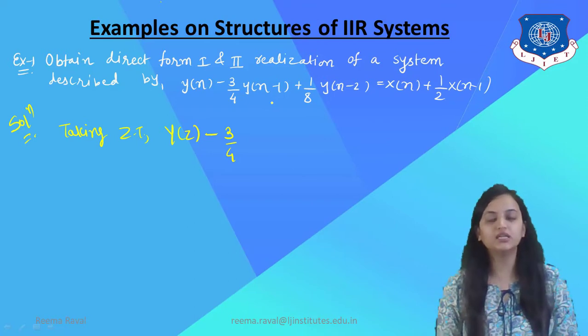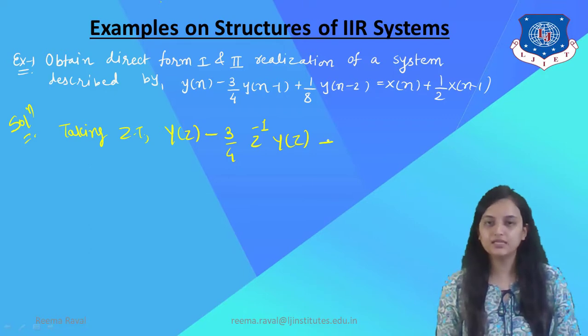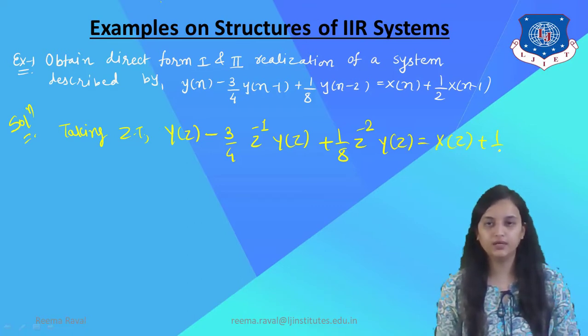As we have seen in the Z transform chapter, this gives z raised to minus k, where over here k is 1. So z raised to minus 1 y of z plus 1 by 8 z raised to minus 2 y of z, that is equal to x of z plus 1 by 2 z raised to minus 1 x of z.